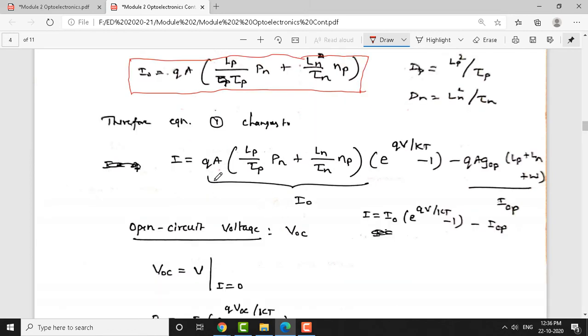That is what we have done here. Now, you see this I naught is now this equation. In place of I naught, we have written Qa times Lp by tau p into Pn plus Ln by tau n into Np times this exponential value minus this optical current IOP. In a simplified manner, we can write the total current as this. Instead of writing too many things, this can be written as I naught, and this can be written as e power qV by kT minus 1, minus IOP.